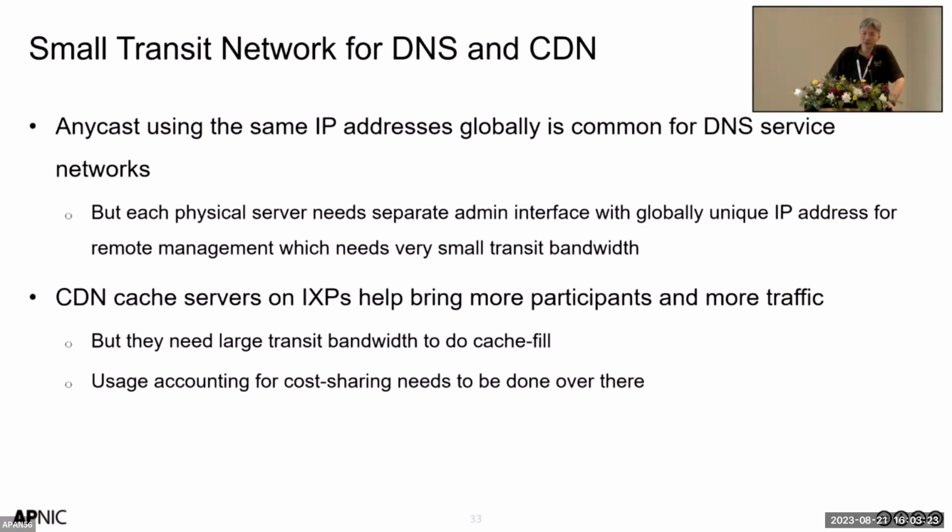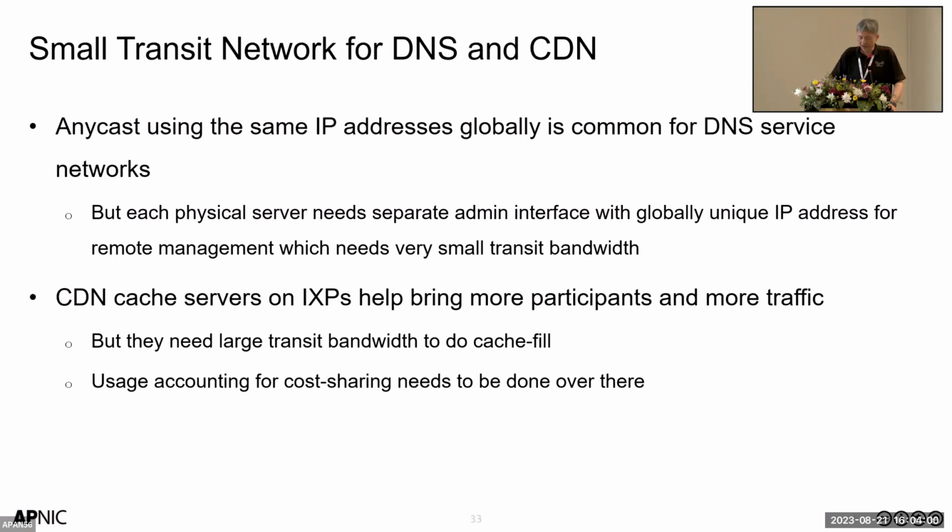But if you need to support CDN cache servers, the bandwidth needed would be high. Even though, of course, you need the cache server to help you achieve bandwidth efficiency. Maybe if you don't have the cache server, you need like 10 gigabit, but with a cache server you may need just 2 gigabit or 1 gigabit, depending on whether people actually read the same content or not.